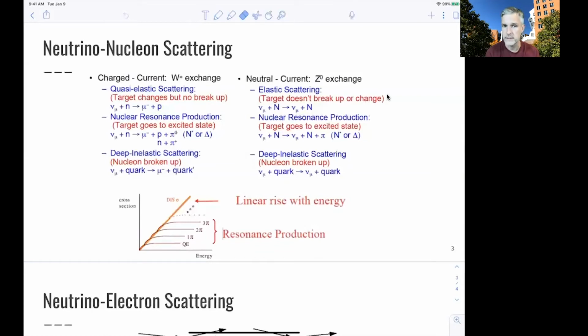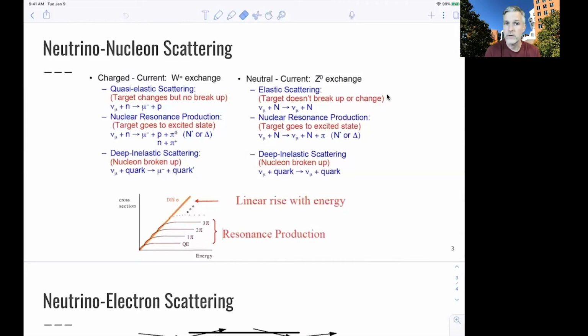So we have elastic scattering, or in the case of the charged current, we talk about quasi-elastic scattering, where we have an incoming neutrino, let's say a muon neutrino, hitting a neutron, producing a muon and a proton. It's called quasi-elastic because we do not break up the target, but we change its kind. So we change from a neutron to a proton in this case. While for the elastic scattering, the neutron just stays intact.